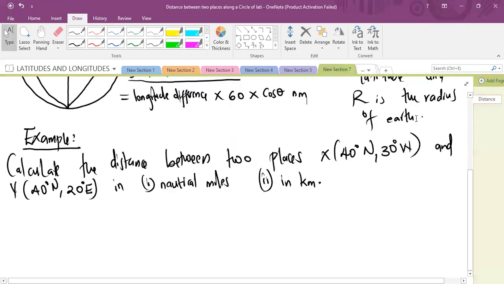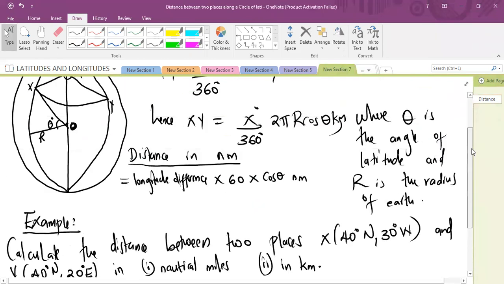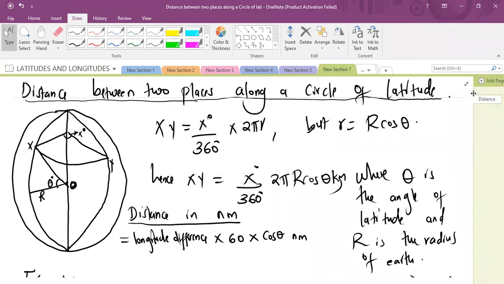So the next thing, we look at the distance between places along circles of latitude or along small circles. So let's say we have this particular distance XY along the latitude.